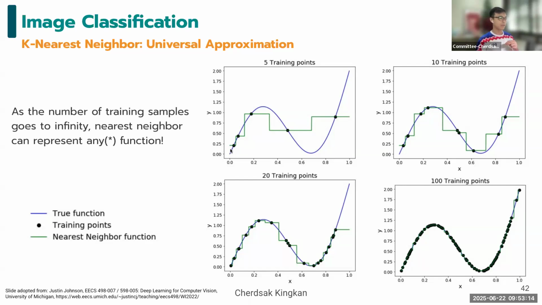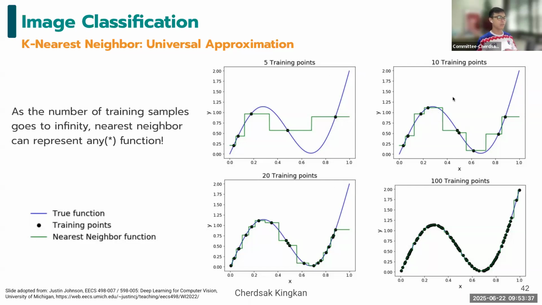But if we train the k nearest neighbor with 5 training points, this might probably be the approximation of the function that we can extract by using k nearest neighbor. But if we increase the number of training points, we might get a better approximation of these functions.